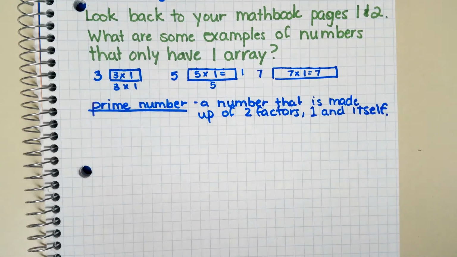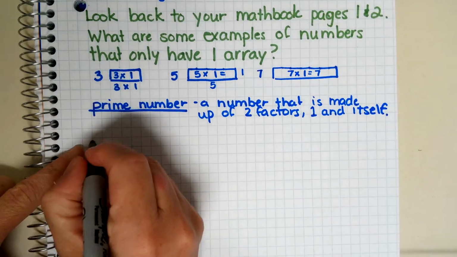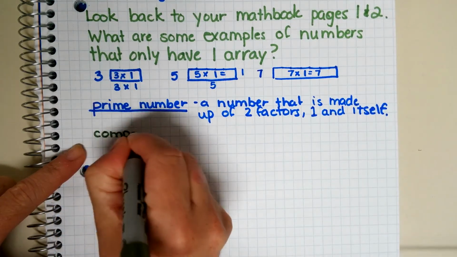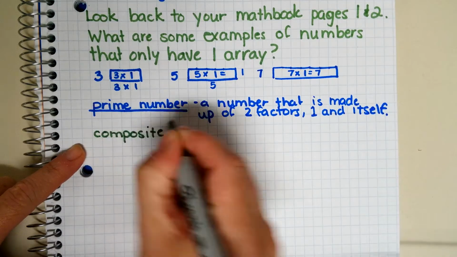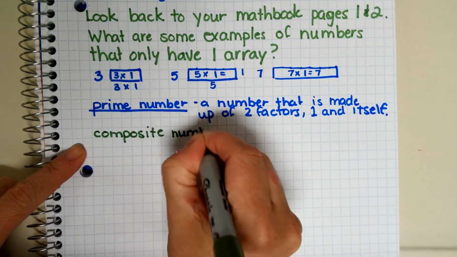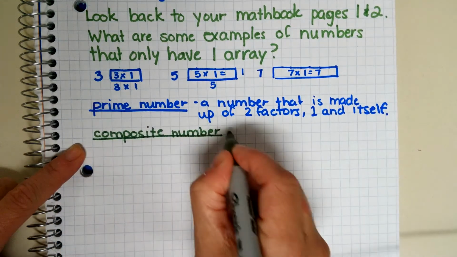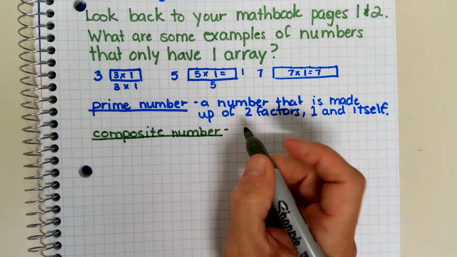Now if a number is not a prime number, it is what we call a composite number. And a composite number has more than two factors. And I'm going to give you some examples.